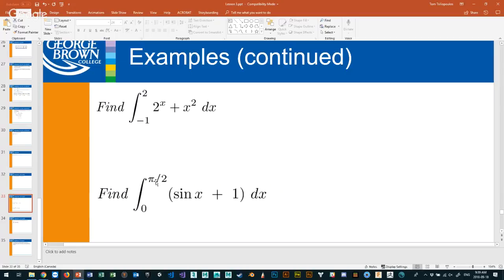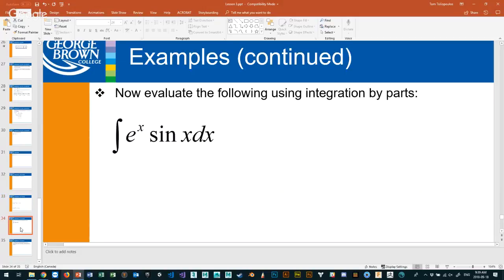But it doesn't really matter, does it? You just keep the units. So pi over 2 is a good example, right? And then you would just sub in these values, pi over 2 and 0, with respect to sine or a trigonometric function, makes sense, right? So you can do that. But remember to use radians on your calculator, which is important. Okay, again, you've got this. This is definitely integration by parts, okay?